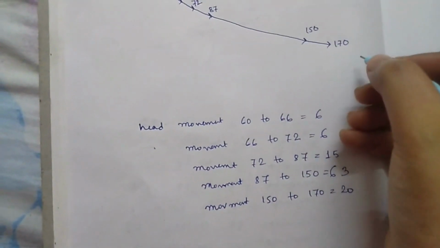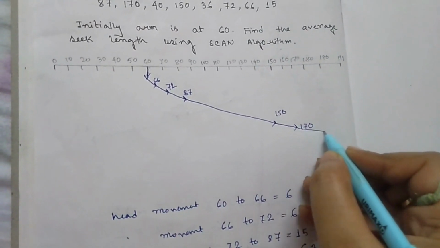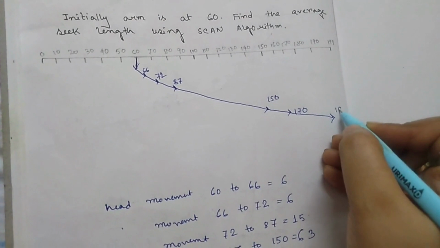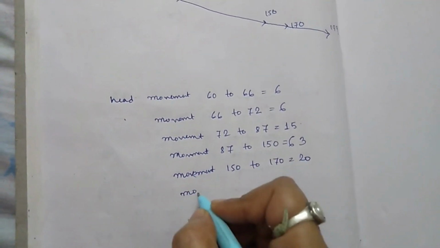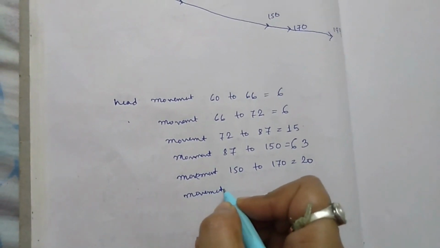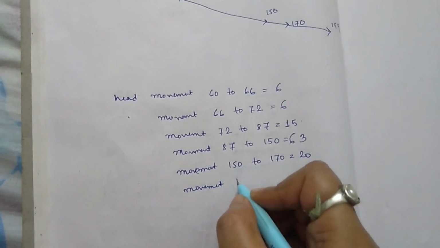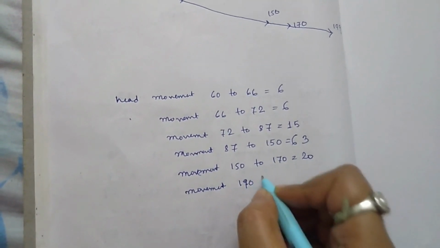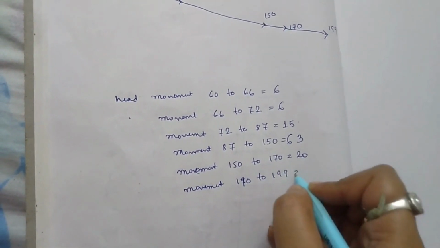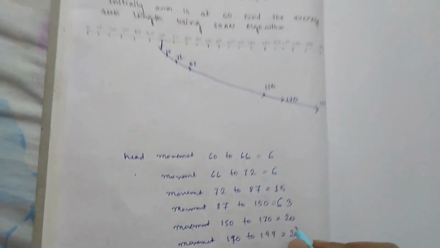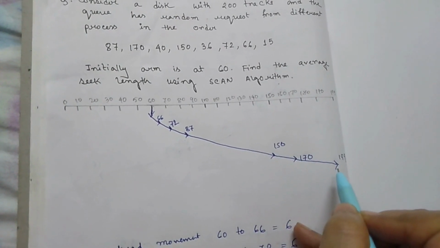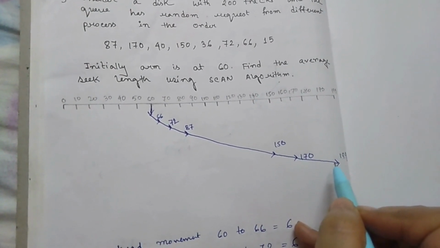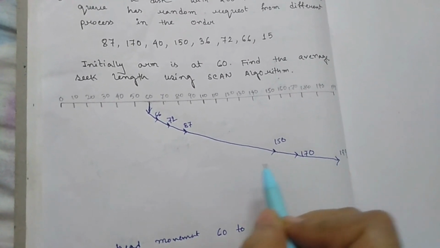The final head movement in this direction is 170 to the last position, 199. We calculate the movement, 170 to 199, and the value is 29. Now up to this point all the values in this direction are completed. Then we move to the other direction.